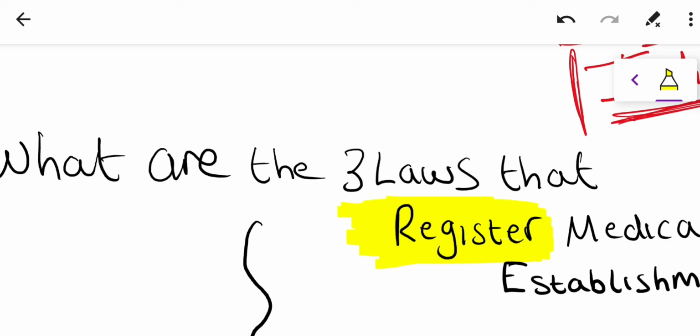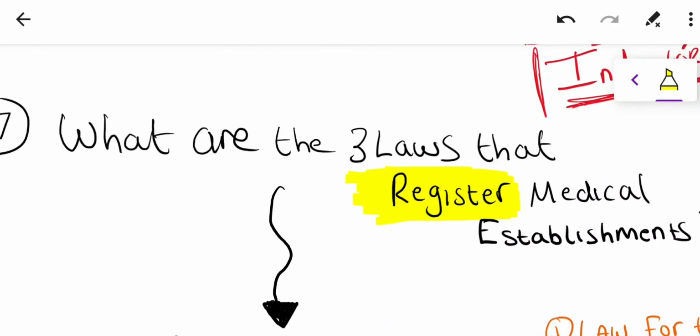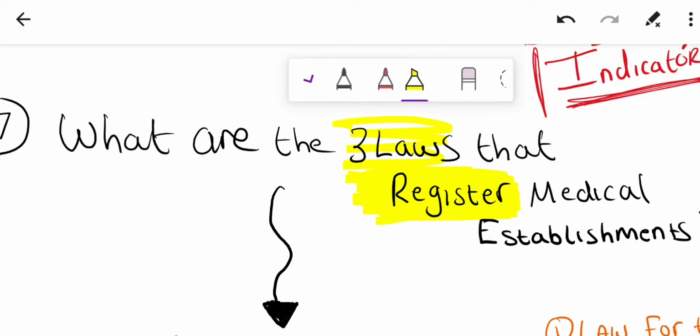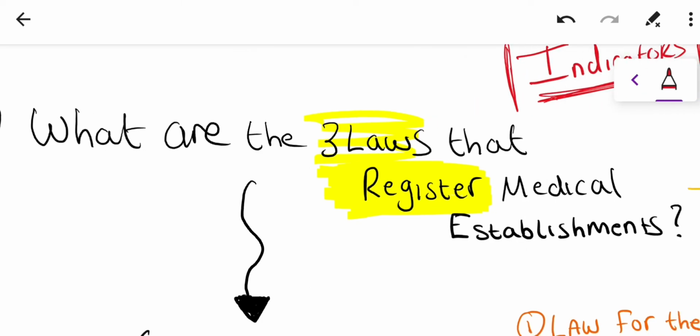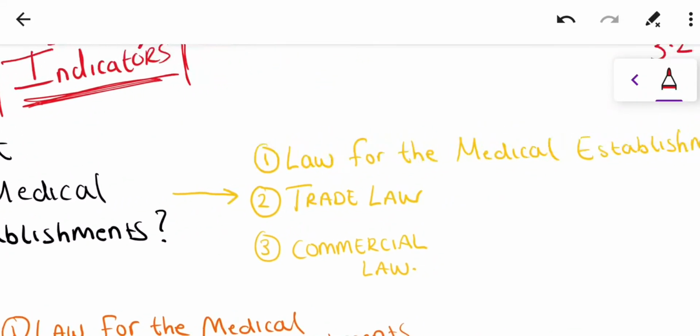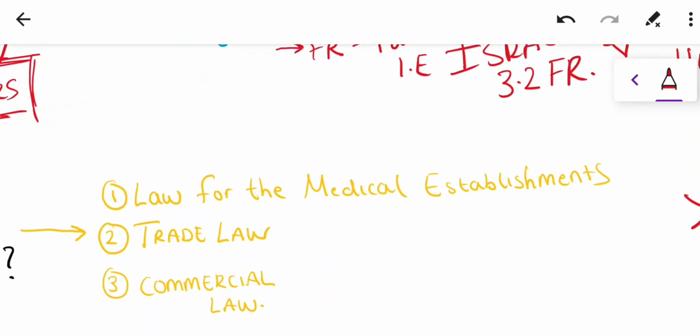I can't remember the time that we were taught this, but the practical teacher has told us that this is the answer. So, what are 3 laws that register medical establishments? The answer is: trade law, law for the medical establishments, and commercial law.